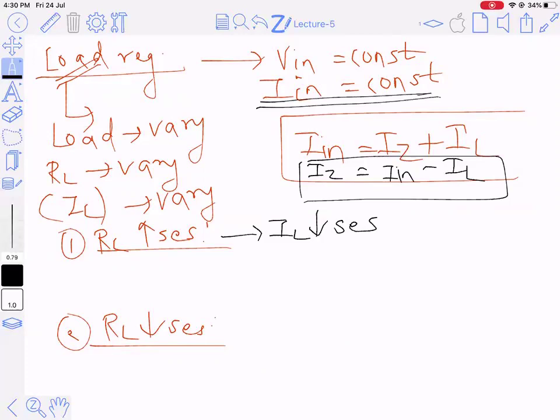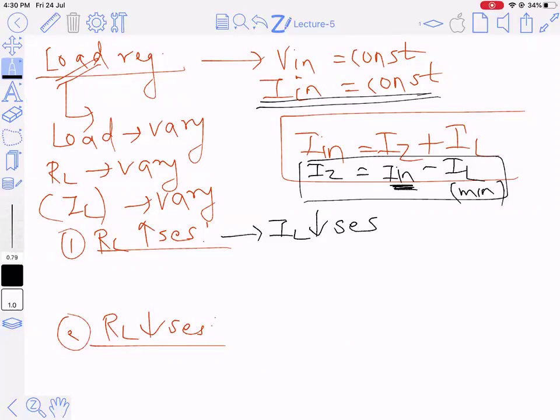So if IL decreases, then what should happen? RL is increasing, that's why IL decreases.